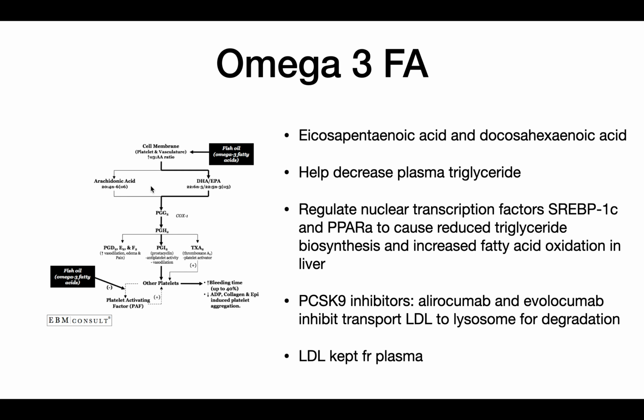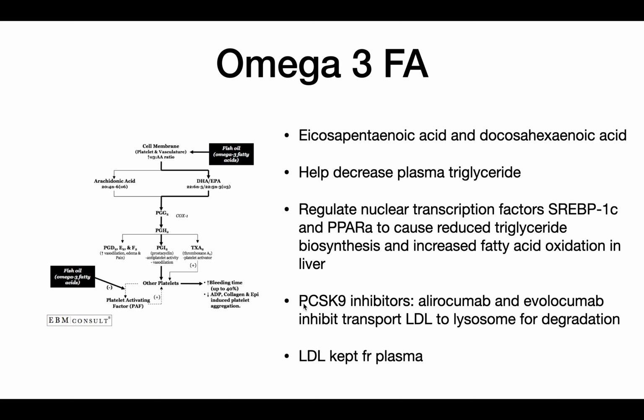How does it do that? It's going to convert the fatty acids into DHA by regulating the nuclear transcription factors, and cause reduced triglyceride biosynthesis. It's going to increase the fatty acid oxidation in the liver.